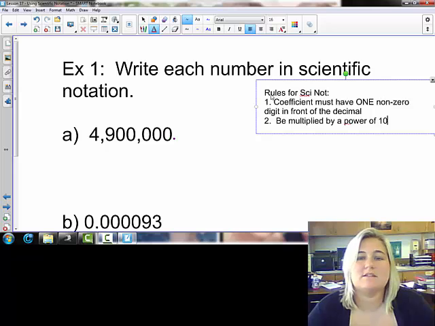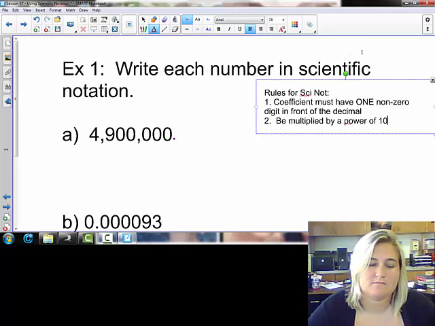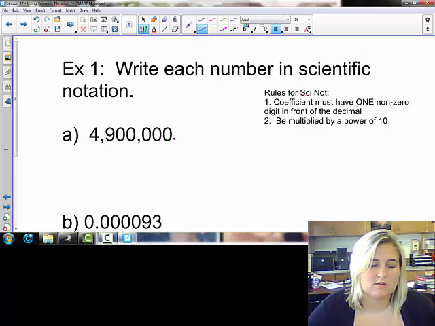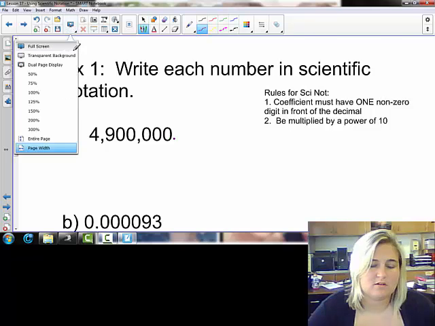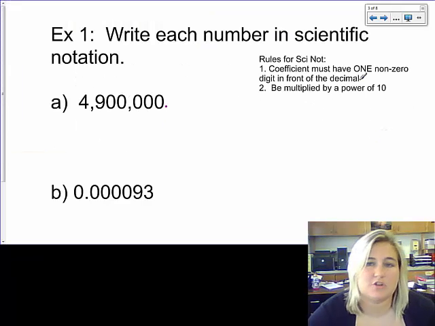So that means 10 with an exponent. Okay. Let's take it back to full screen. Alright, so those are your rules. Make sure you get those in your notes.